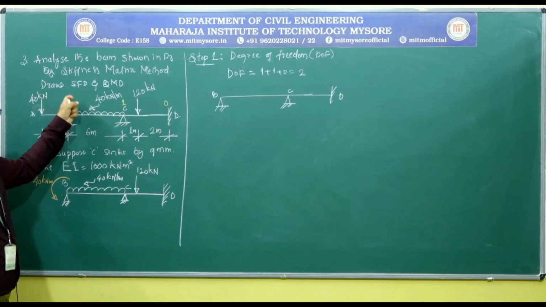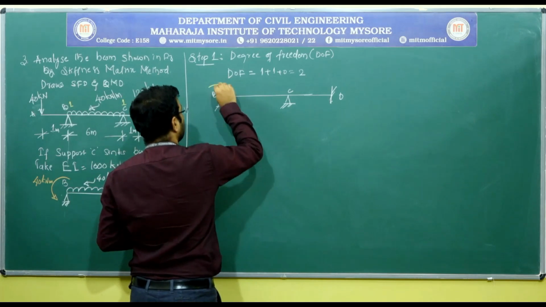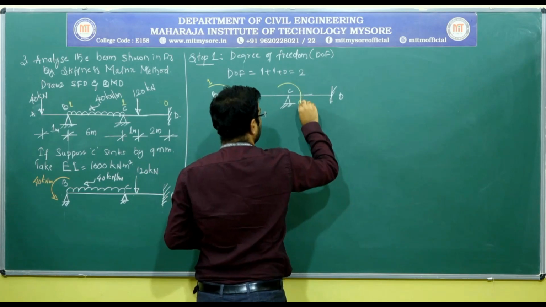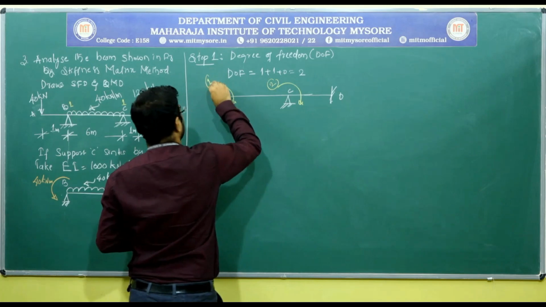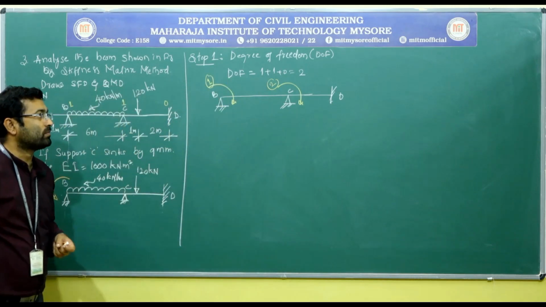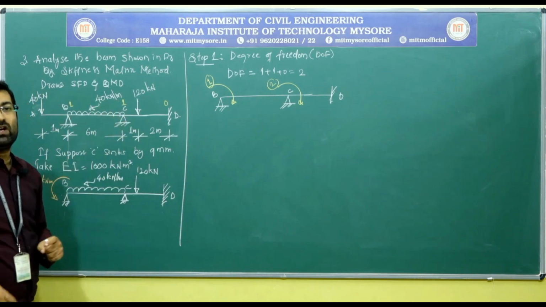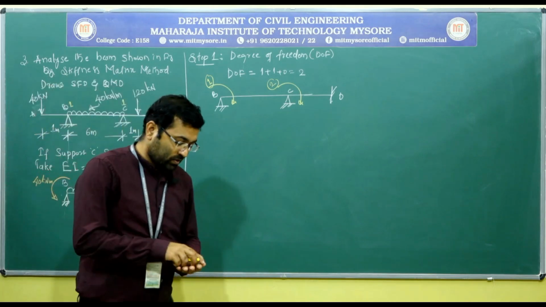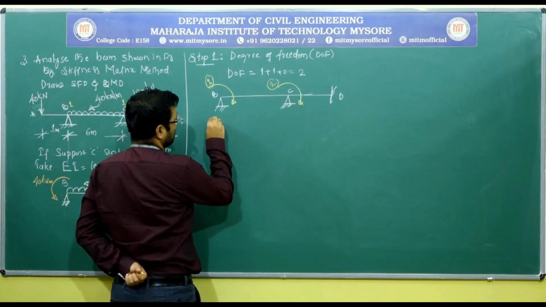As we have 1 degree of freedom at B, I need to consider 1 coordinate here, and I have to consider one more coordinate here, that is the second coordinate. At D, as it is a fixed support, I am not supposed to consider any coordinate, right. So now at B I have one coordinate and at C one more coordinate. With this I can write the displacement matrix.